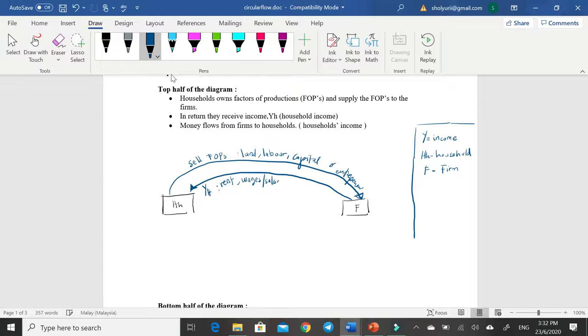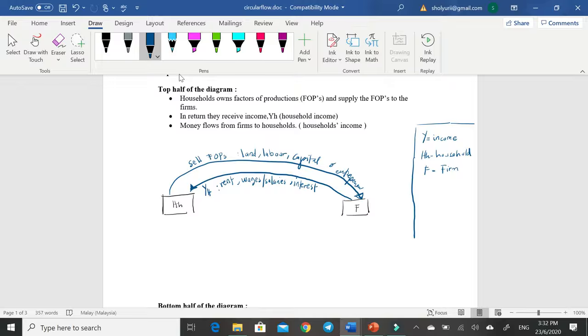Okay. If we sell capital, okay, capital is modal, right? Ataupun machinery, bayaran dia kita panggil sebagai interest. Awak jangan fikir logik, terima je as it is, because this is already been determined. For example, land kan, sewa tanah, tak, sebab land dalam ekonomi all natural resources.